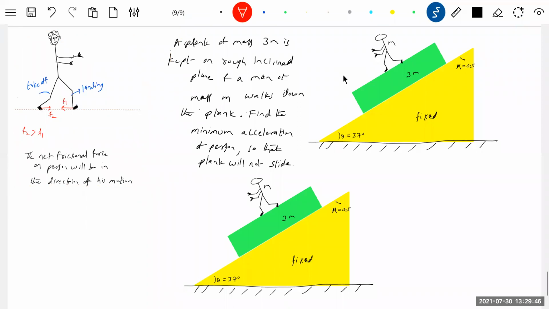The weight component of the person, mg sine theta. Then the friction, F1, I'll write it. Then 3mg sine theta.